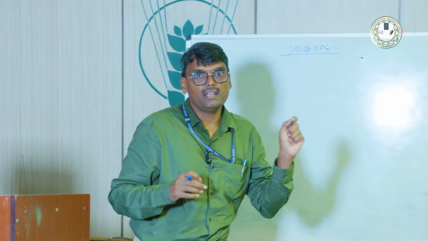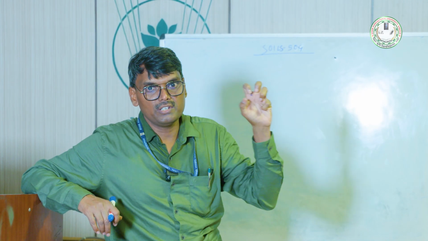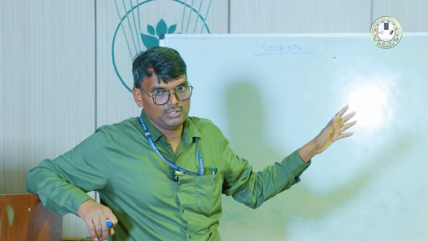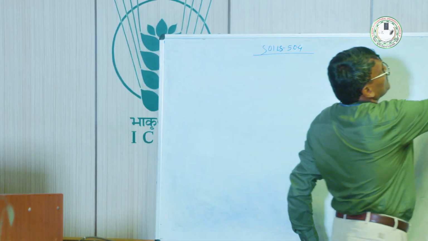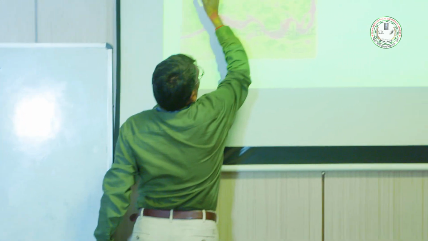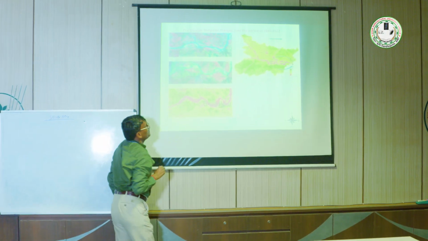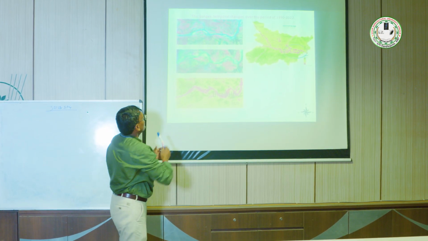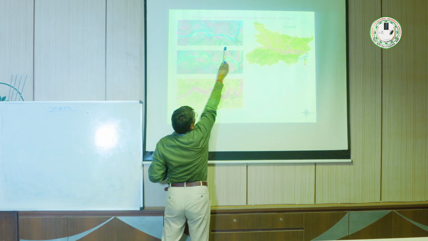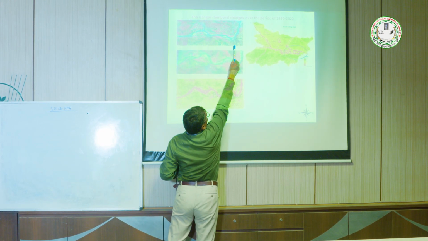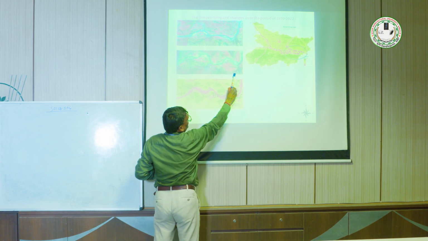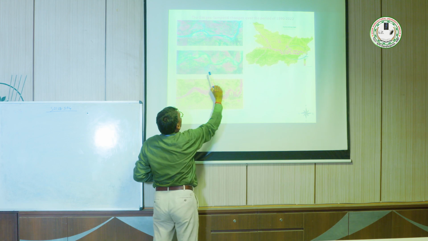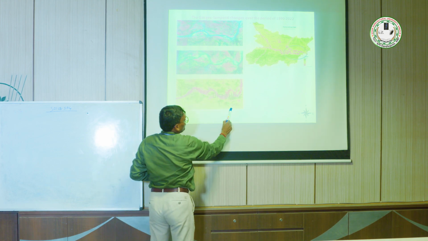This is a glimpse of some information gathered during lab activities. Here we can say this is the main track of the river Ganges. But the most important thing is what the actual situation of the river Ganga was in 1990, in the same manner in 2006, and in 2020.